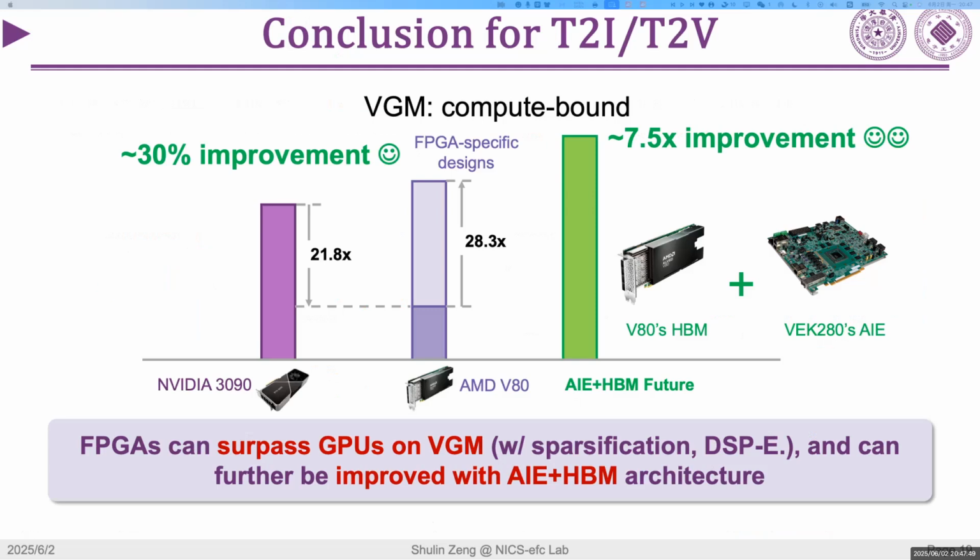When we have a hardened AI engine, for example when we can combine the HBM with AIEs, maybe we can get a further 7 to 8 times improvement in the video generation model. So we believe there's much more work we can do in the future.